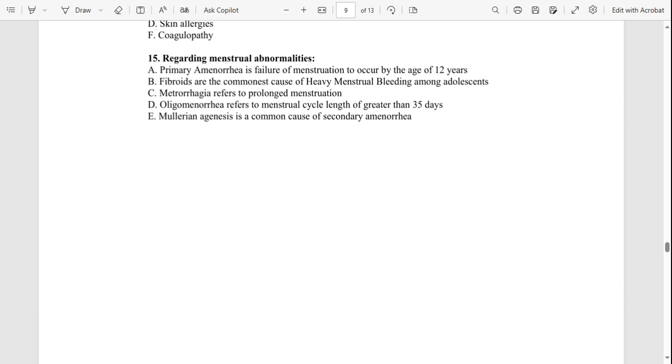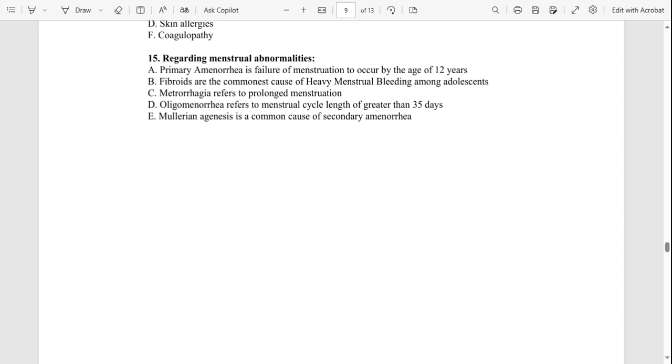Or if they reach 13 years with no secondary sexual characteristics and they don't have any bleeding, that is still primary amenorrhea. So besides looking at the age, you also look at the development of the secondary physical characteristics. If they are not there, then it drops the age. If they are there, then at 15.